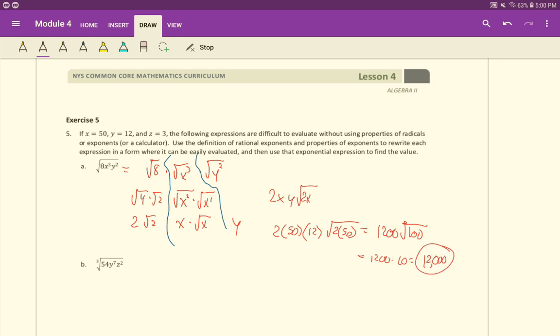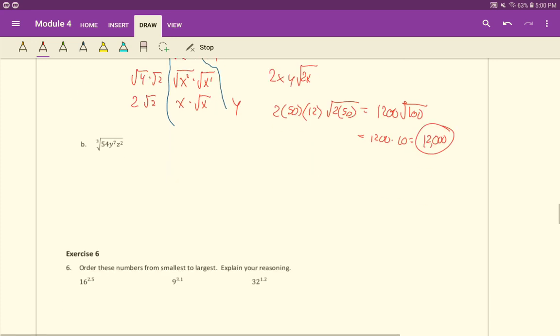Okay, continue looking here. Letter B, you're going to do cube root. So again, we'll break this up. Cube root of 54 times the cube root of y to the 7th times the cube root of z squared.